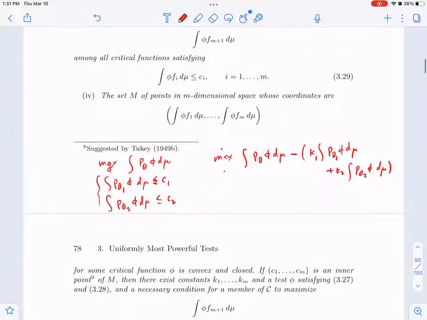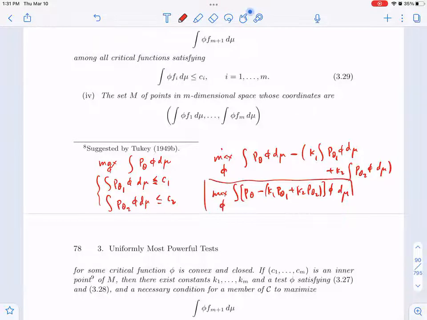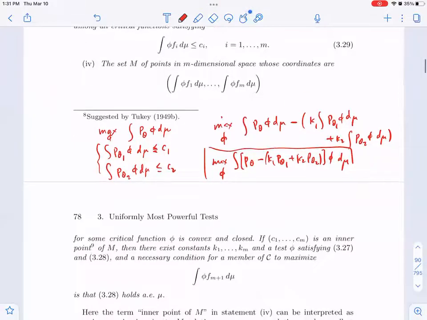Okay, and then this would just be the integral of p theta minus k1 p theta 1 plus k2 p theta 2, times phi d mu. Okay, maximize over phi. And then you'd see that you have to, so what would be the test that maximizes this? If I did everything correctly.